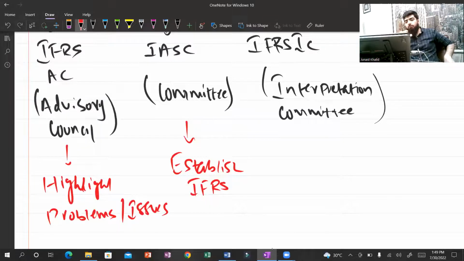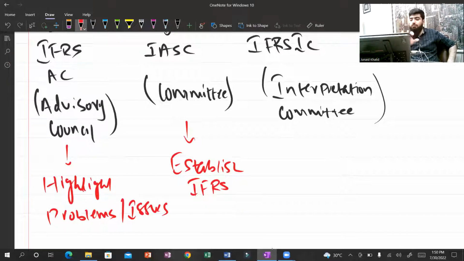Now, once this committee has established an accounting standard, definitely there are some problems. And what are those problems? How to implement that standard, what is the reason behind it, what is the logic behind it for the implementation or for the development of this accounting standard, why this rule was incorporated, and what was the rationality behind it.